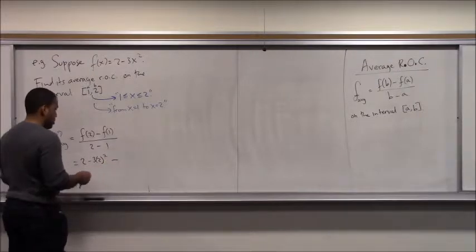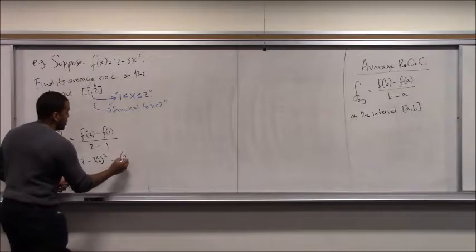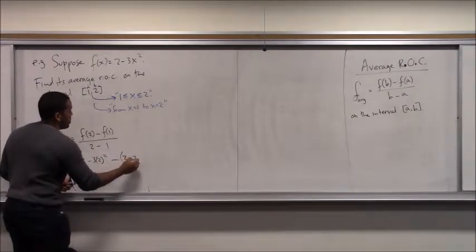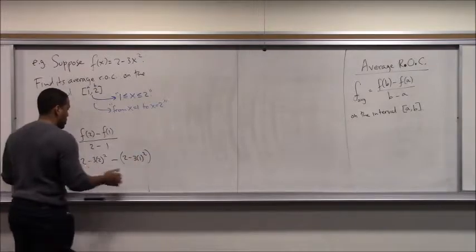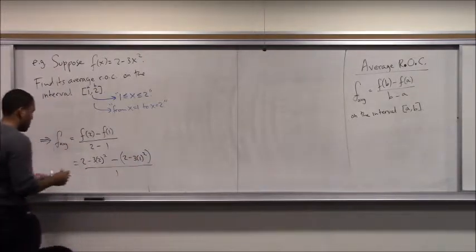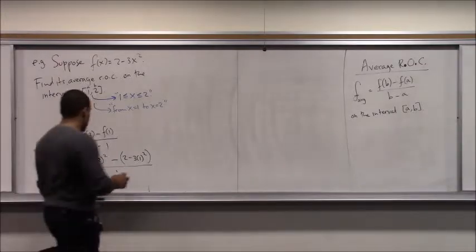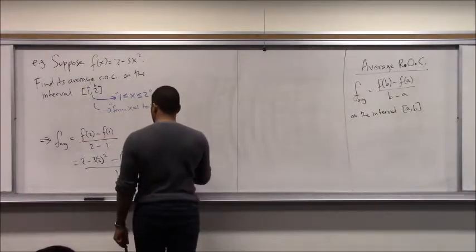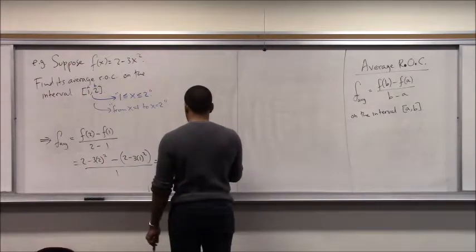Minus, in parentheses, everywhere you see an x, you now plug in a 1. This is all over 1 in this case. And that's going to be it. So this is just going to be 2 minus 12 minus 1.